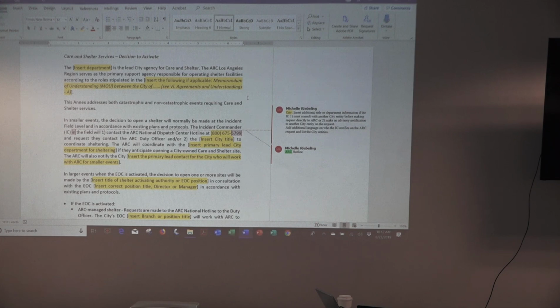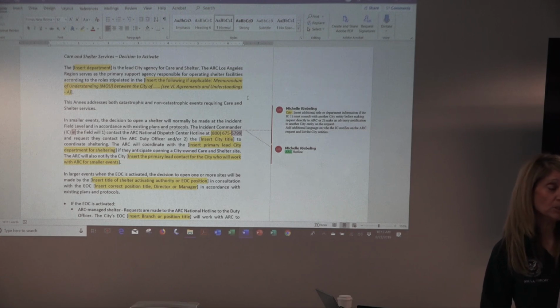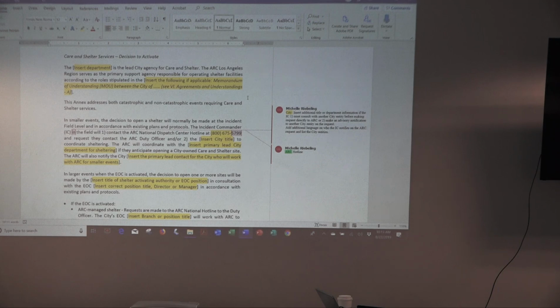They give you a cursory advisory, a notification about it, but your city is not really involved, except maybe ARC might ask you for some resources, but you're not really involved in that care and shelter site operation. Now, you could have a situation where, in the field, smaller events, and I don't know about your jurisdiction, in smaller events, our incident commanders or our unified commanders could make the decision to activate a shelter.